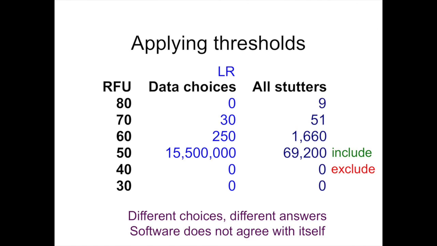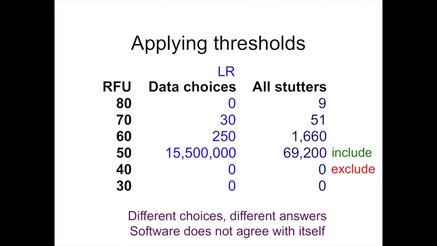We answer that here. The table shows likelihood ratio results at different RFU threshold levels, listed in the first column. The defense team explored these alternative thresholds, applying the software to the fingernail mixture data. The prosecution expert's threshold choice was 50 RFU.